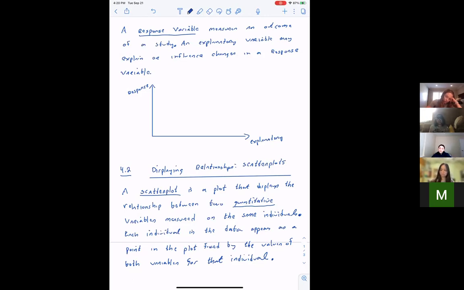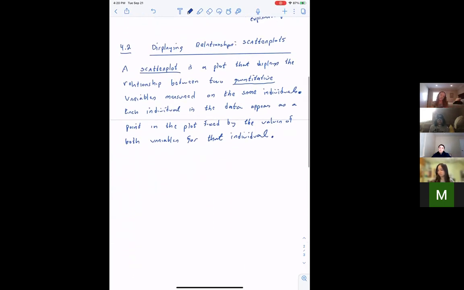Let's say, for example, a very straightforward, simple example: suppose you are measuring age in months versus height in inches.